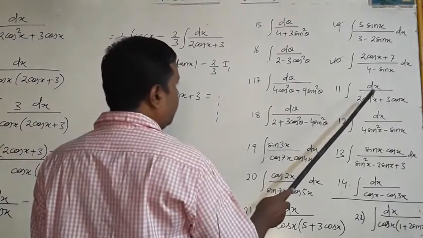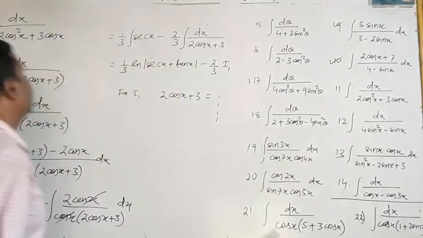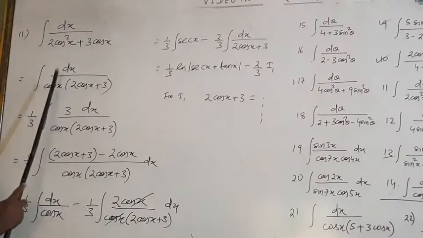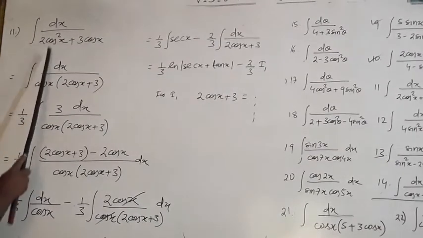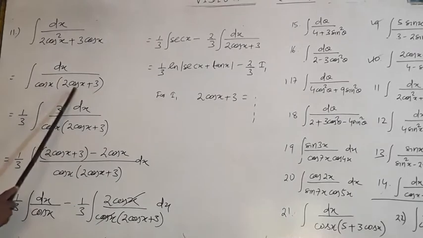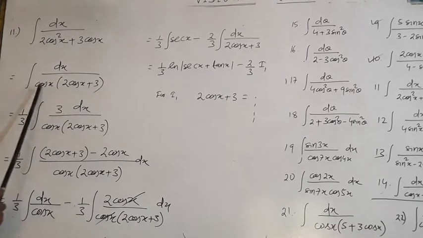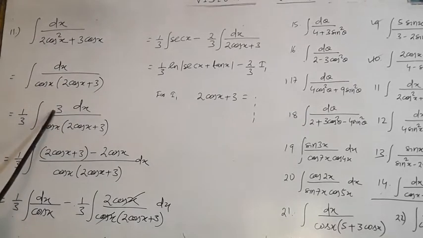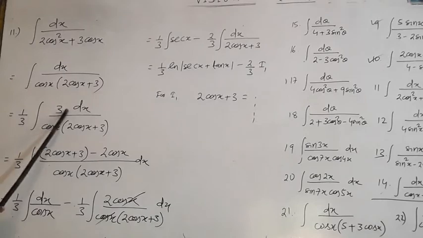Look at this problem. It is cos²x and 3 cos x. Now what you have to do? Take the LCM, take cos x common. It becomes 2 cos x + 3. Now it is (2 cos x + 3) and cos x. Take 1/3 out, so that the 3 cancels.